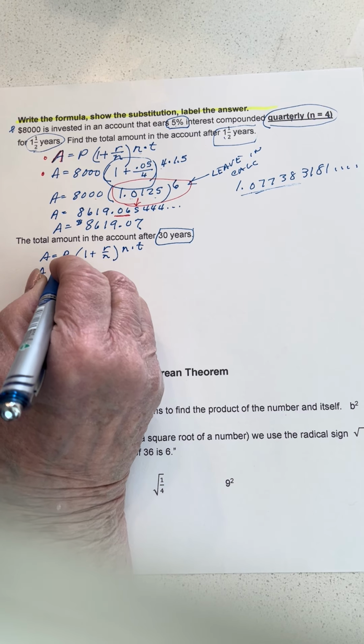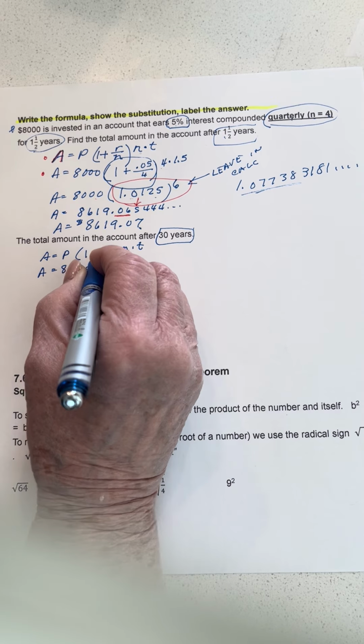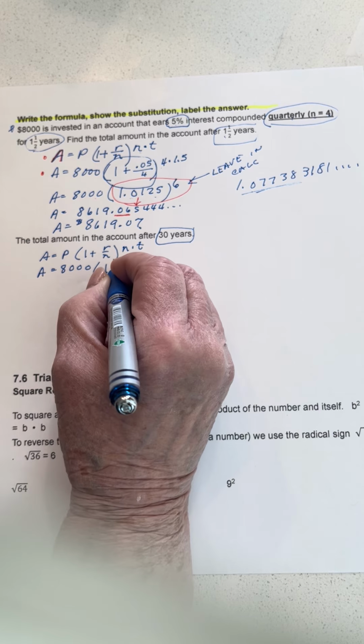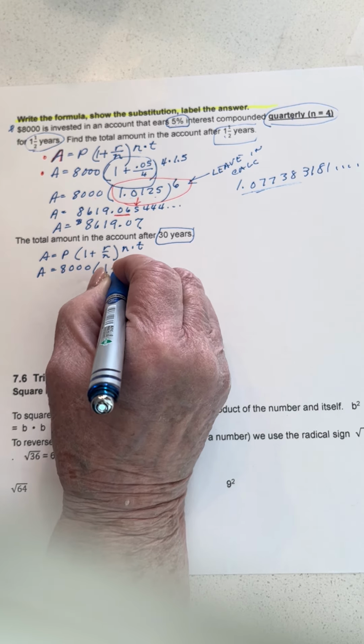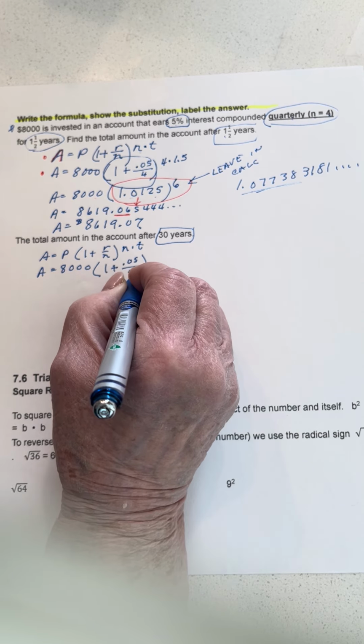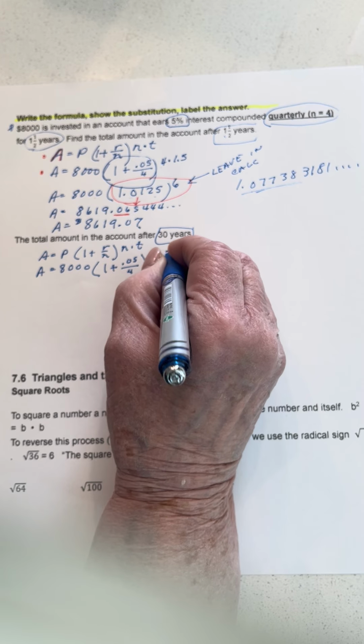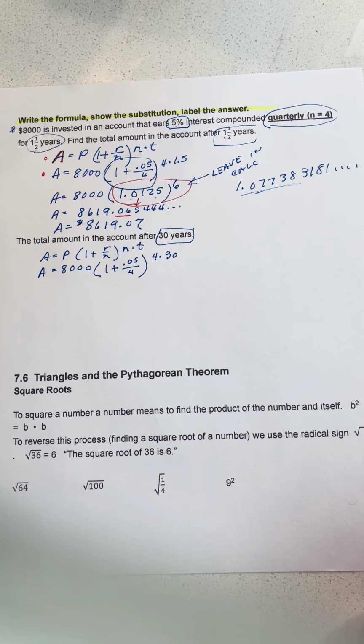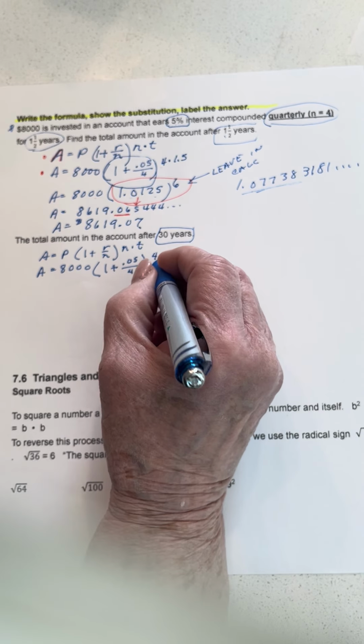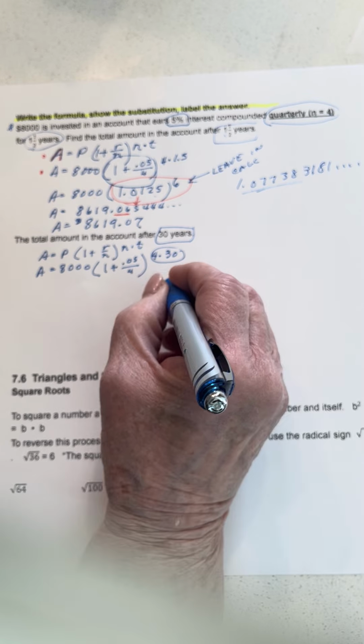And we'll substitute $8,000 the principal, 1 plus 5/100 divided by 4. And now we have 4 times 30 for our exponent. So that's going to be 120, right? That's going to be 120.